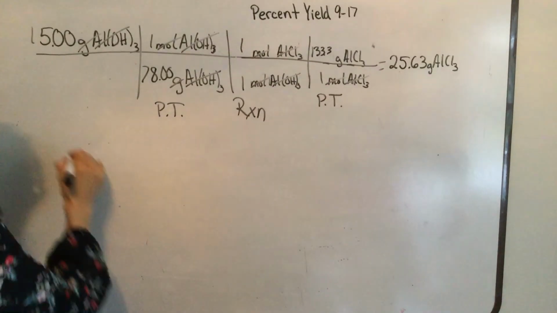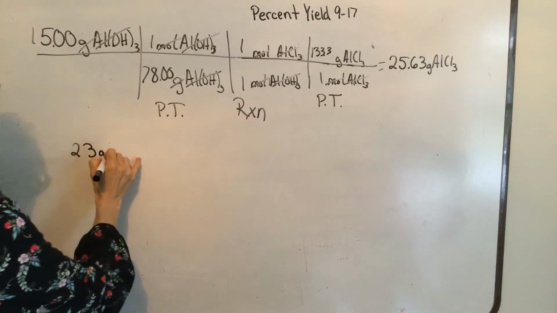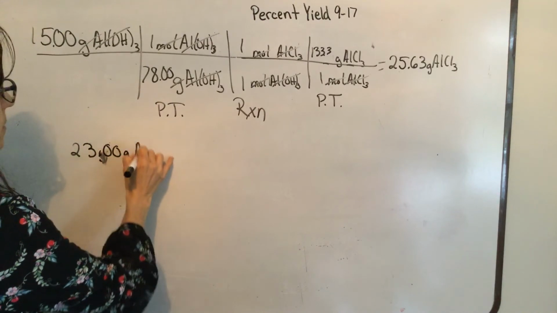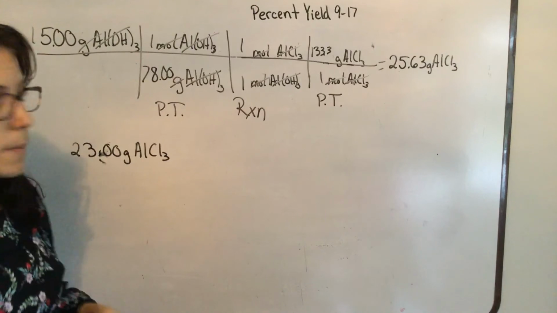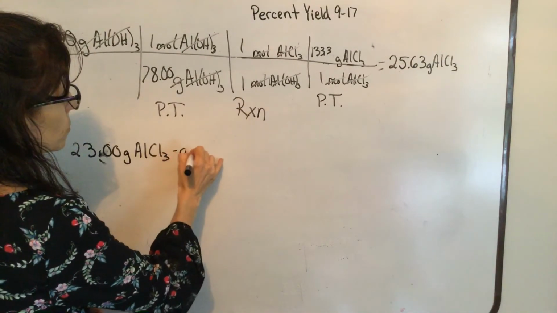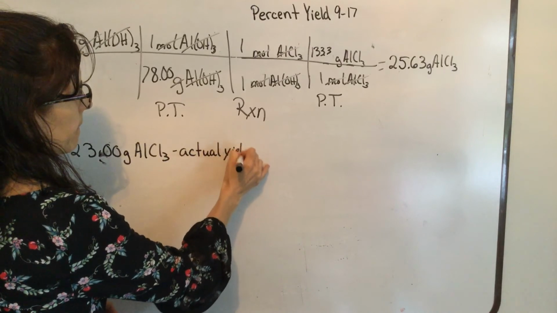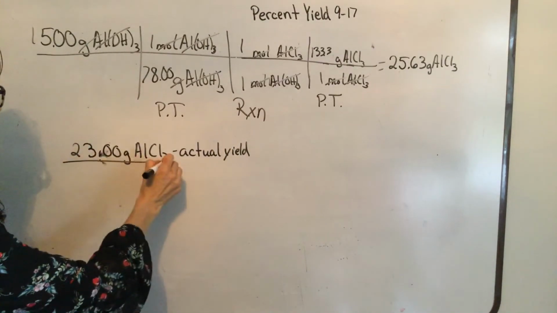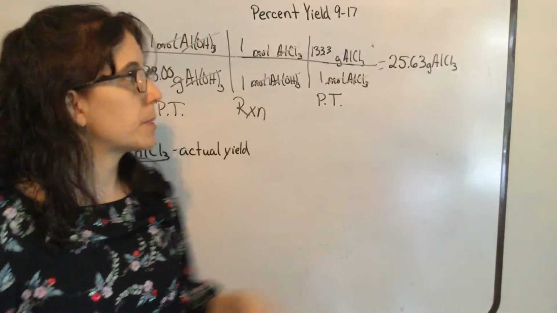We don't know. But what we do know, because in letter B it says 23.00 grams of aluminum chloride were actually measured. So this is the actual yield. All right, so in order to find the percent yield, we're going to find out our theoretical yield.